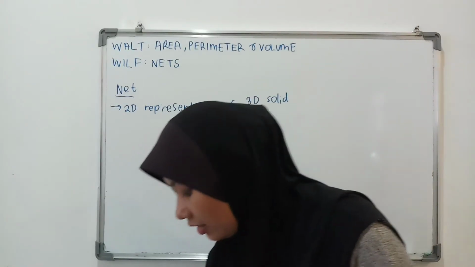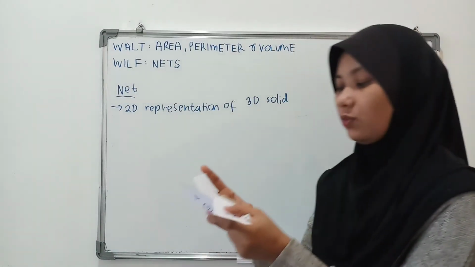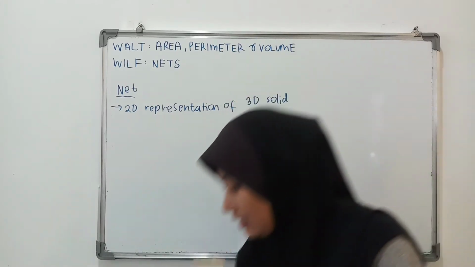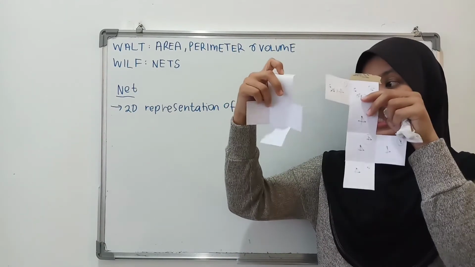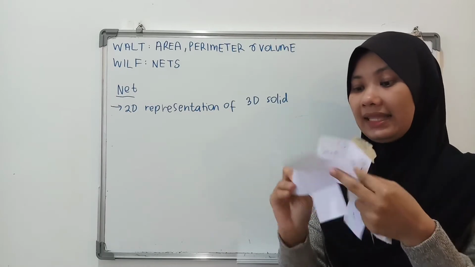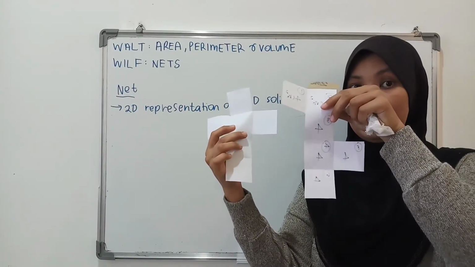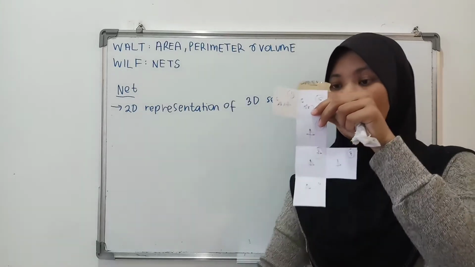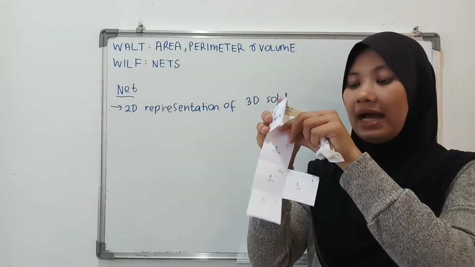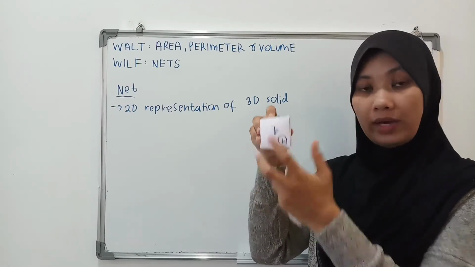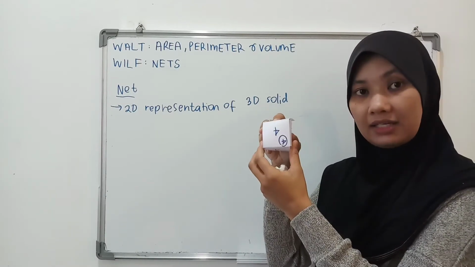But if I fold this one, it is not the same shape as the previous one. The net is different. See, the net is different. This is like the letter T. This is not like T. But if I fold this one, I can still get a cube.